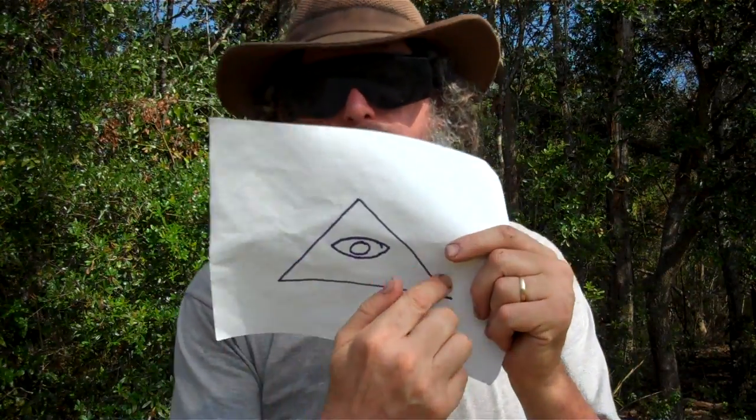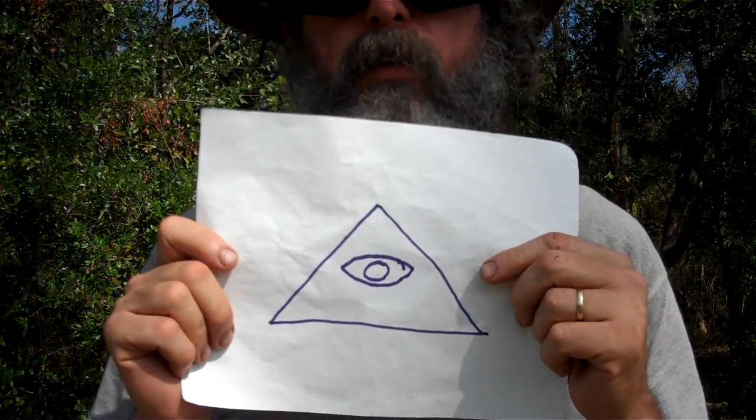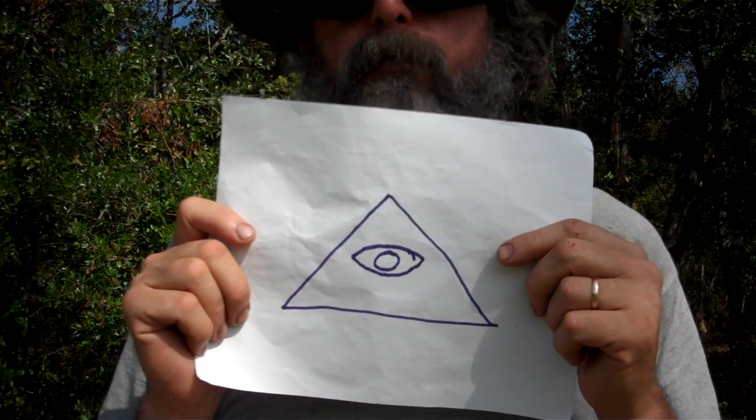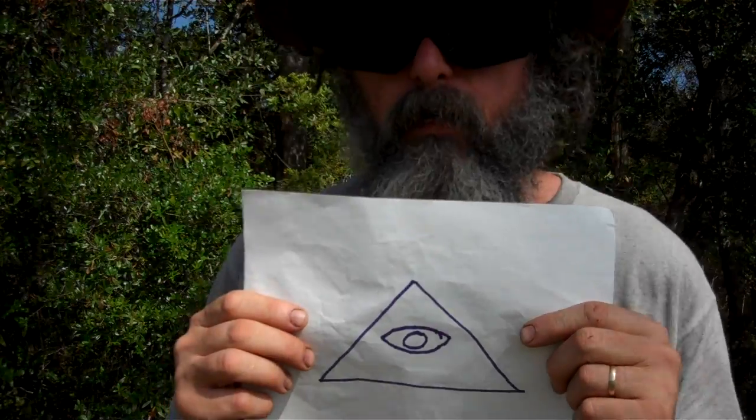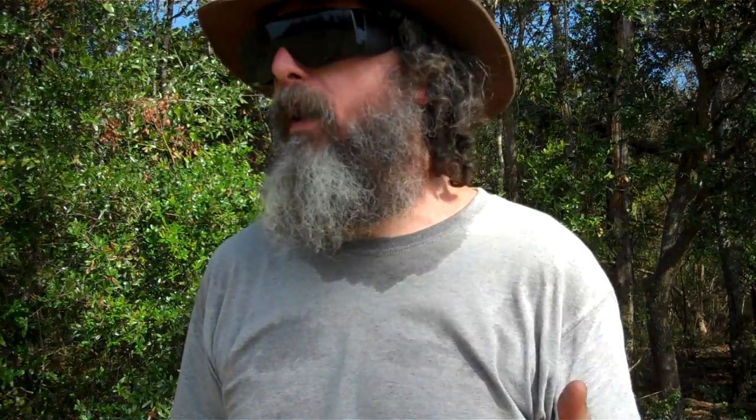Because this triangle represents the Trinity, the Father, Son, and Holy Spirit. Now, if you're in a religion that is monotheistic, like a Muslim, you might say, well, that's not the basis of my faith, because I'm monotheistic.